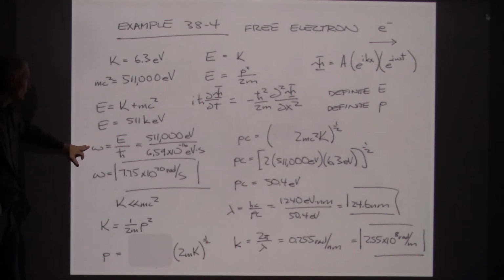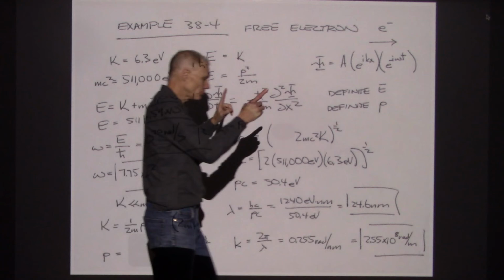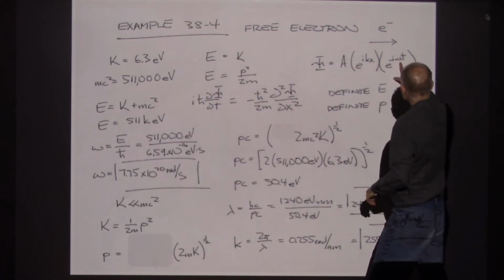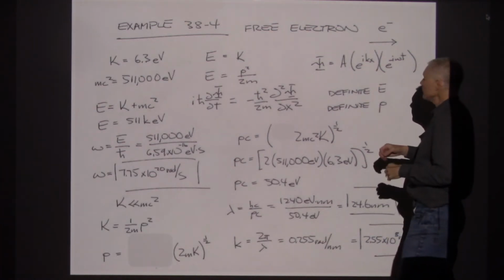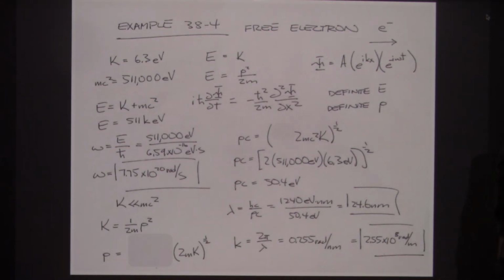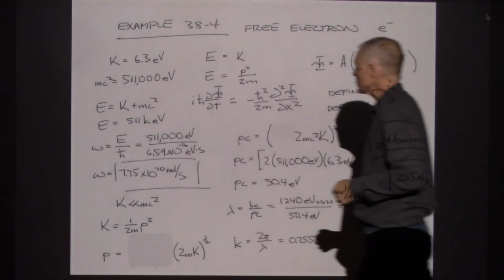So what I've got to do is this. I'm trying to find two quantities here: omega and k. Once I've determined omega and k, I'm done. I know how to write down the wave function for this electron.